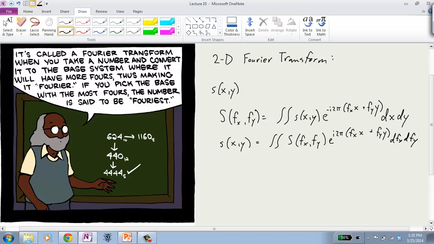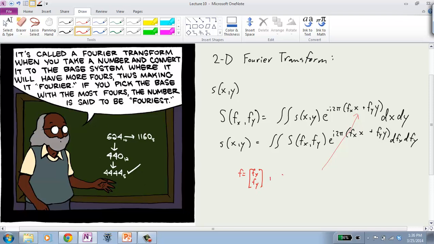One thing to notice is that this term in the exponent can be thought of as a vector multiplication. So we can take this thing here, and we can say f is a vector, fx, fy, and our position is a vector.